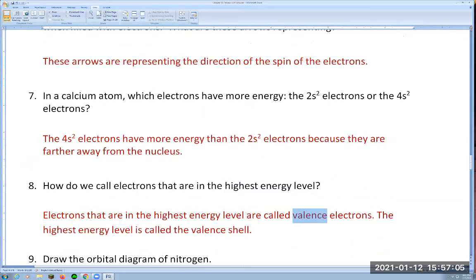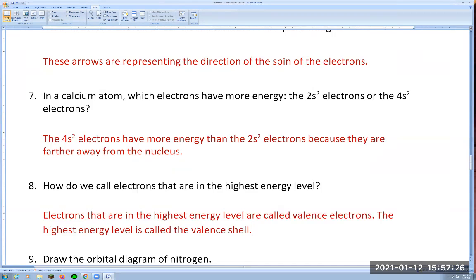Why are these electrons important? It's because they are on the outermost shell, so they are the most accessible. You can remove them from that shell more easily, and you can add more electrons in that valence shell if it's not full.